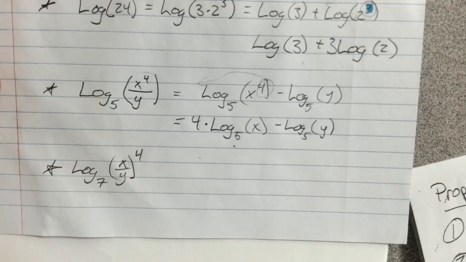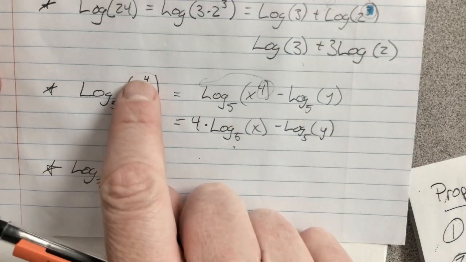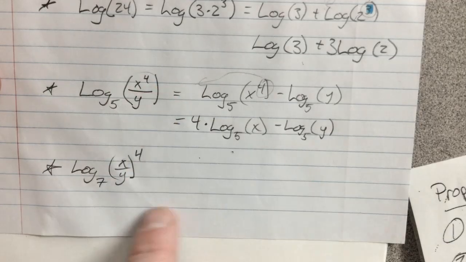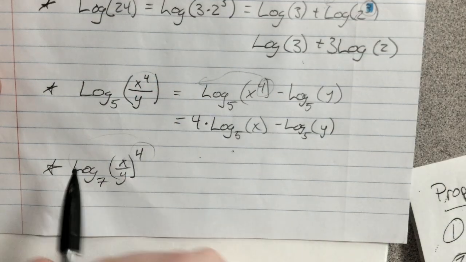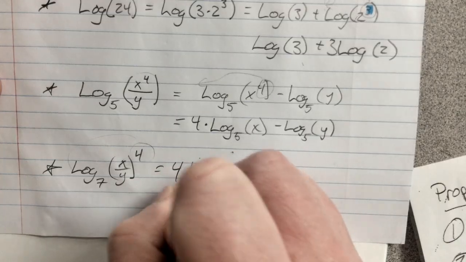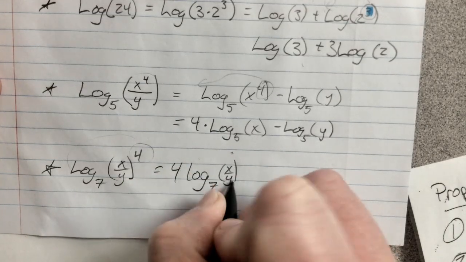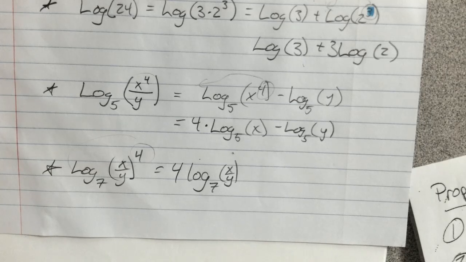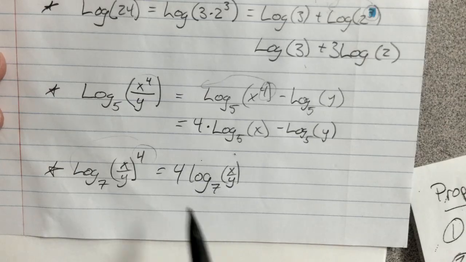Would the 4 go in front of both of them? Yeah, so what is the 4 attached to on the previous problem? Just the x. Now, what is the 4 attached to here? Both. Yeah, so I'm going to start just dealing with the exponent. It's 4 times the log of x over y.